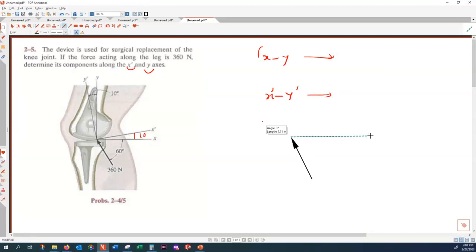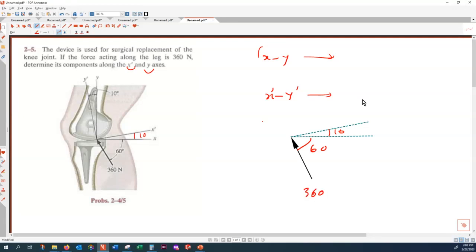How do I get to x prime? This is the horizontal x. To get x prime, I have to go further 10 degrees. This is 60 degrees, this is 10 degrees. So far, so good. That is 360.